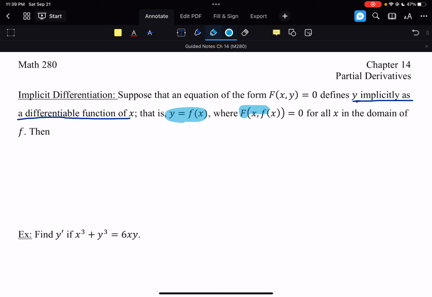So big F of x comma f of x, instead of y, equals 0 for all x in the domain of f.